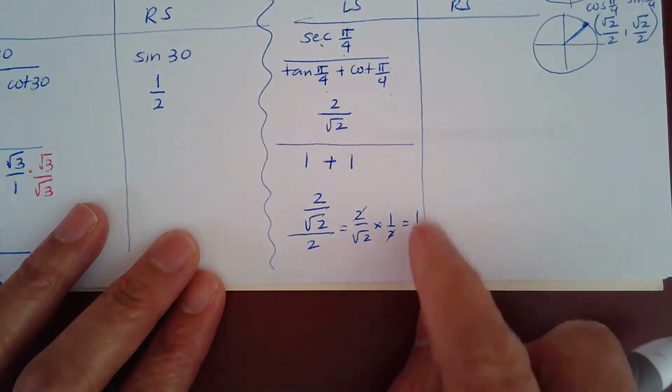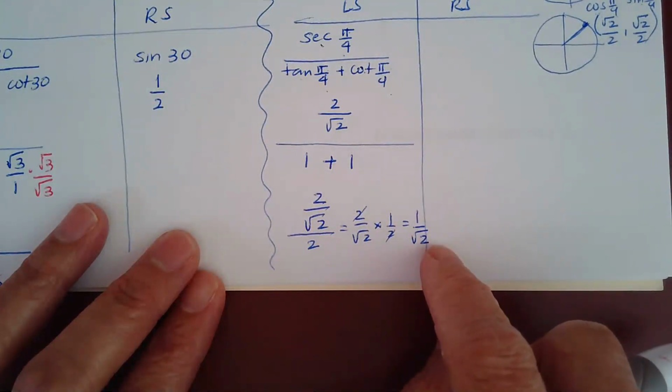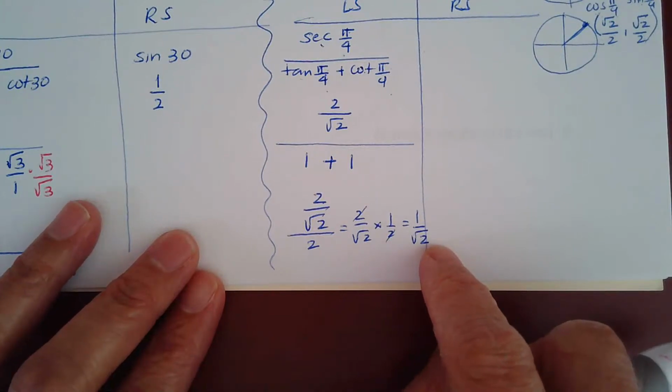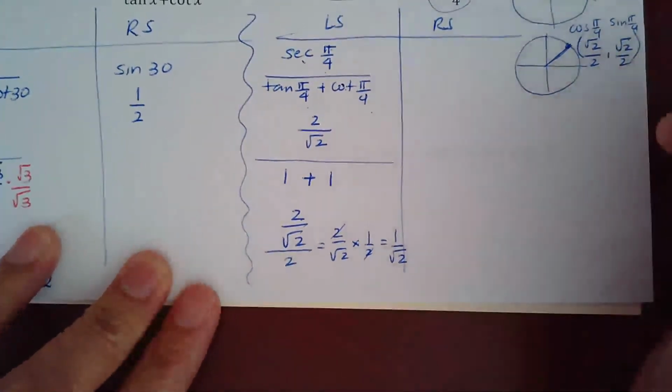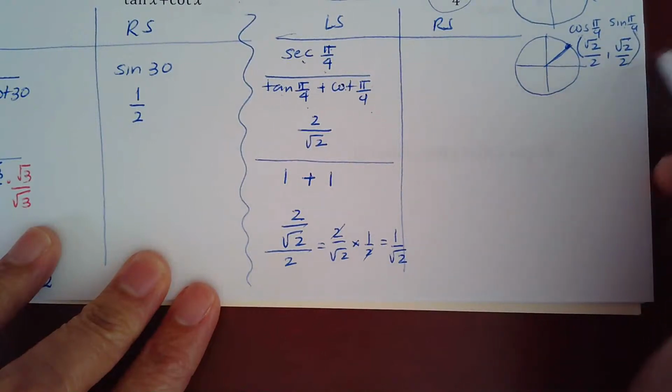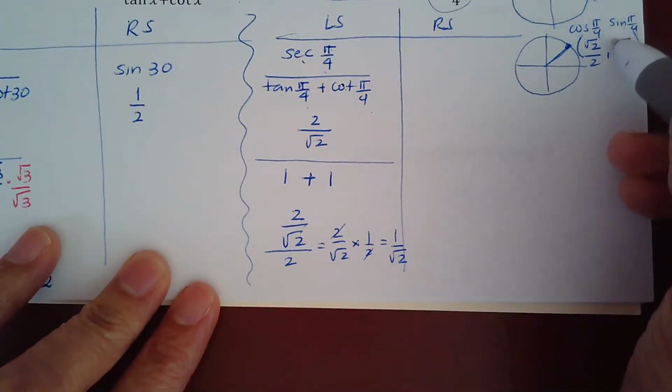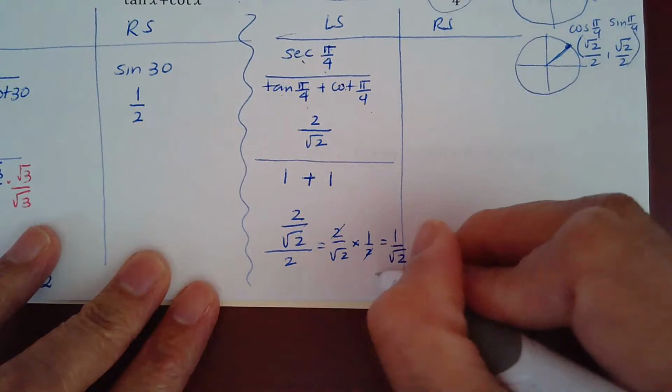Now, 1 over root of 2 is something that we are not familiar with, so this is the same thing as root 2 over 2.